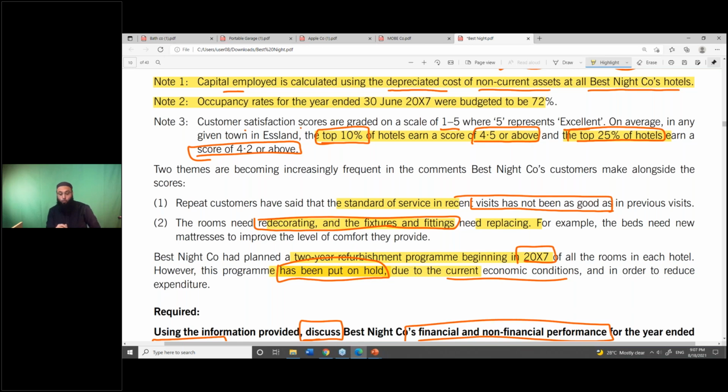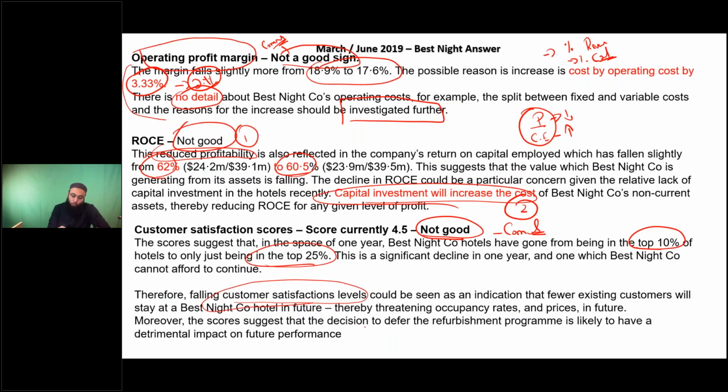If you do not do it, you will suffer in the future because you have deferred your refurbishment program, which can impact your future performance. So for non-financials, I found a direct reason in the scenario, and I did highlight that.